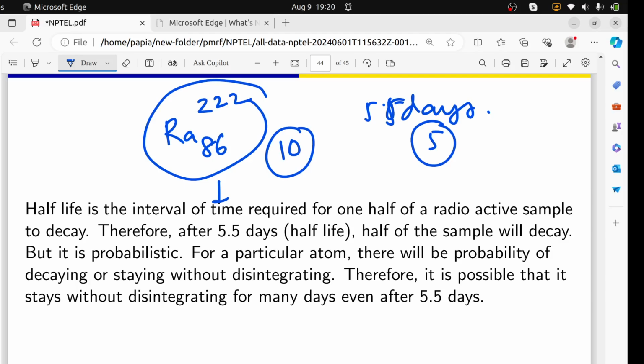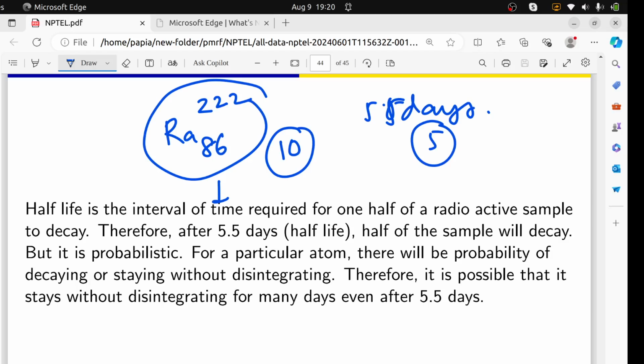For a particular atom, there will be a probability of decaying or staying without disintegrating. It is not like exactly 5 particles will decay and 5 particles will remain after 5.5 days. It's a probabilistic thing. So for only one particle, I was talking about 10 particles, but let's say one particle.